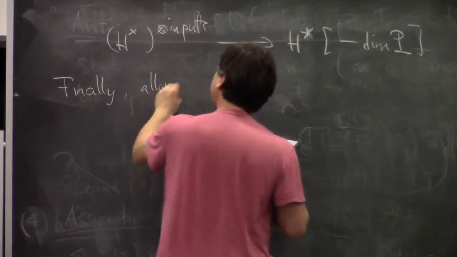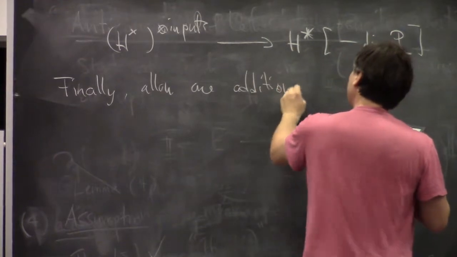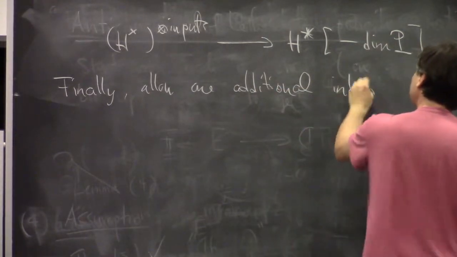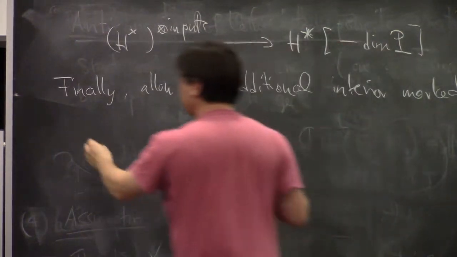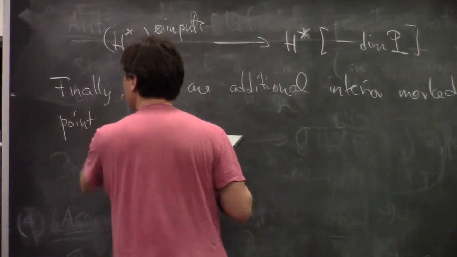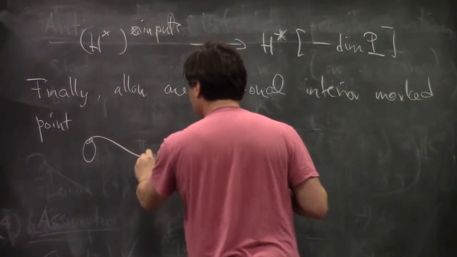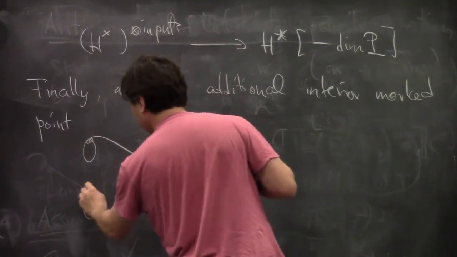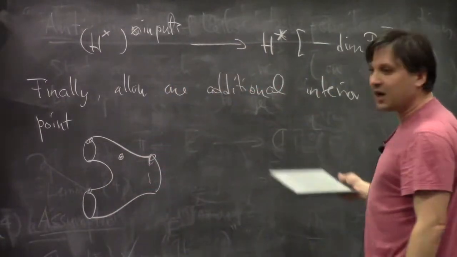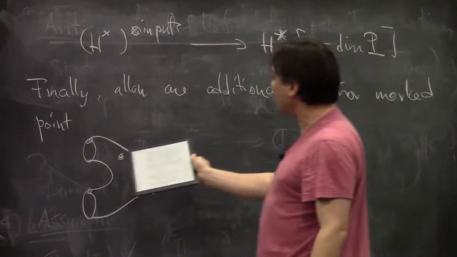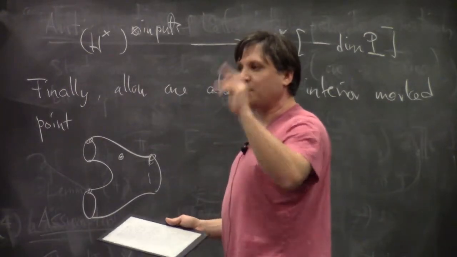And so finally, allow one additional interior mark point. You don't have to have it, and in principle you could have several, but at the moment I will only need one. Usually when you have such a mark point, there's a bunch of different choices of things that you can insert in here, but I will only allow one particular insertion.